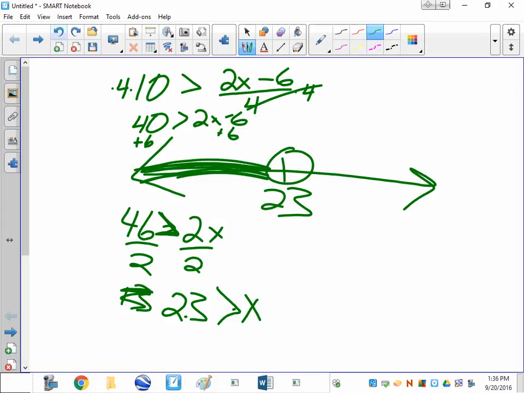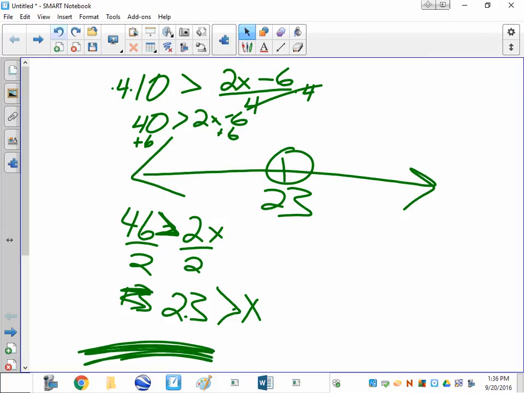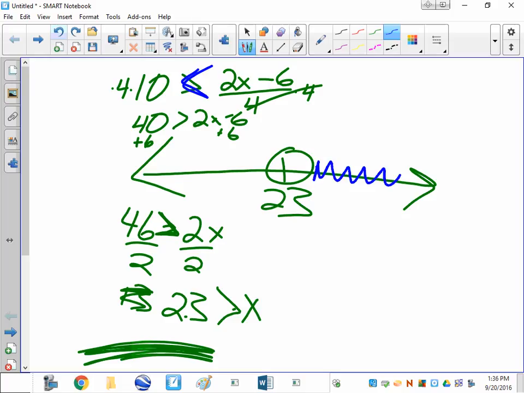Well, what if it was shaded the other way? If I get rid of that shading, if it's shaded this way, can I still plug in 0? Yeah, but when I plug in 0, what do I want to happen? Well, let's try it and see what happens. So we have 10 less than 2x minus 6 over 4. Let's plug in 0.